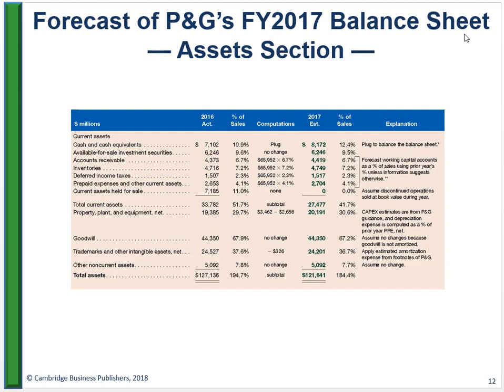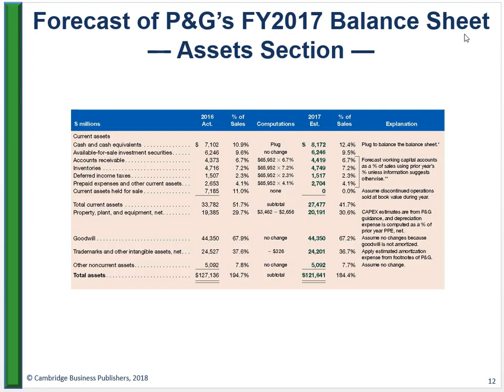So the implicit assumption there is that accounts receivable as a percentage of sales stays the same. And if we had a trendline forecast and we're able to show that that had been 6.7% for the last 2 years, 3 years, 4 years, 5 years, then we could make an extremely strong case that that was an accurate basis upon which to form our forecast for accounts receivable.